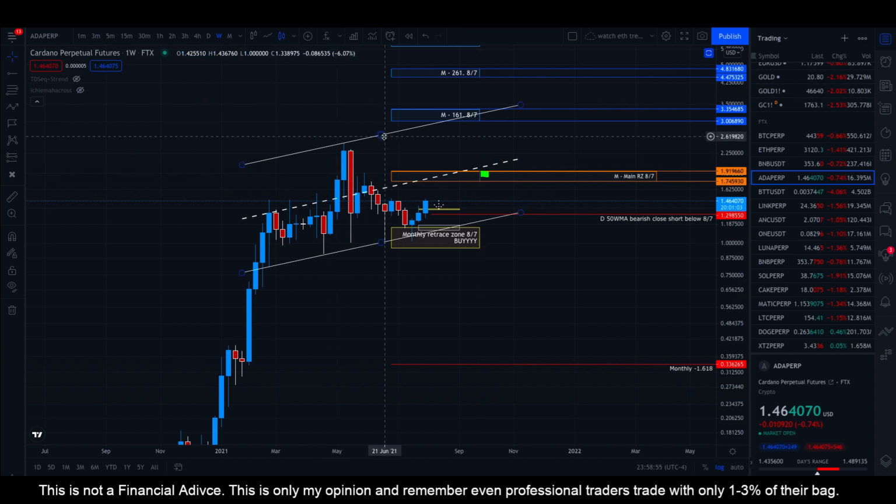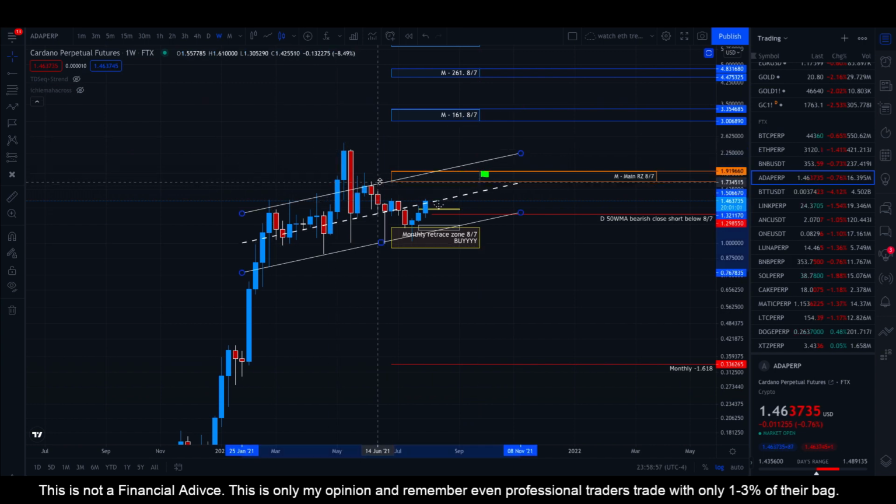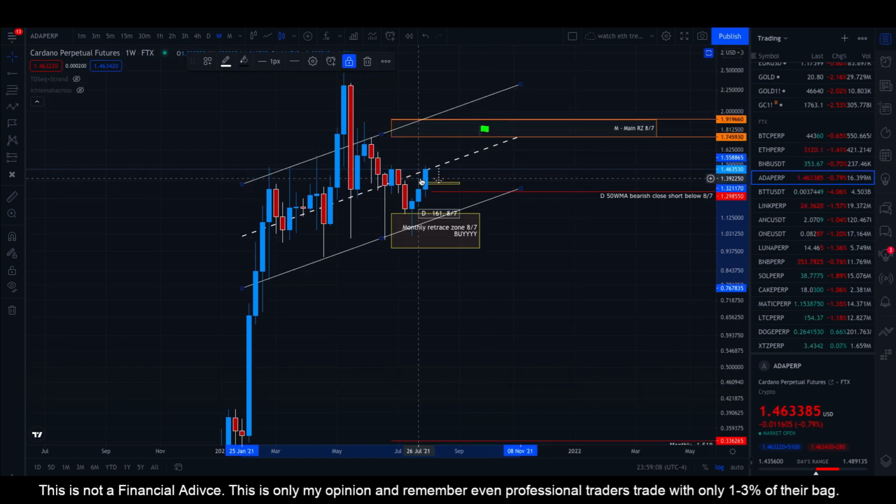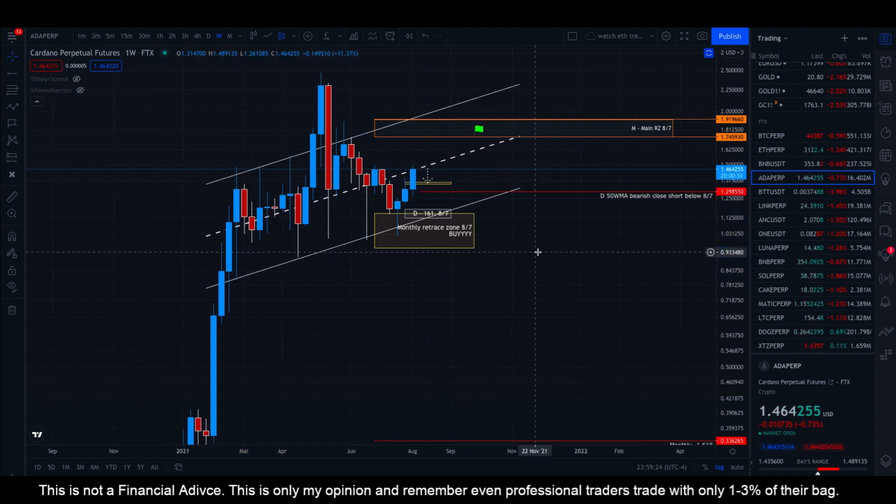If we bring the channel down to where it was before, you'll see here that we hit the mid channel, and we actually retraced a little bit on the mid level of the channel.